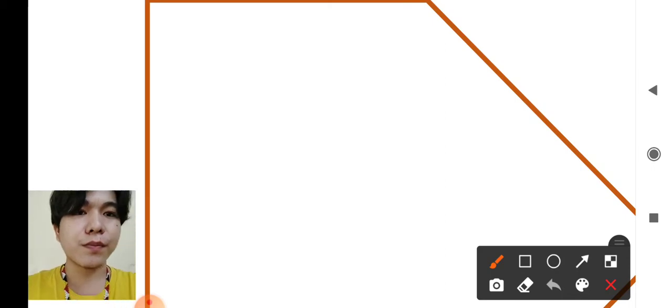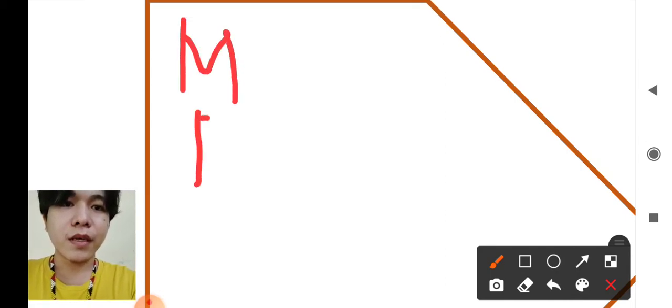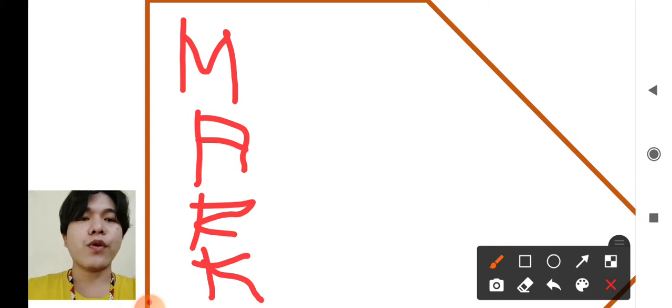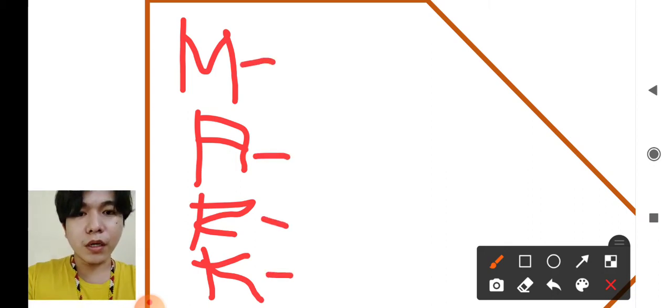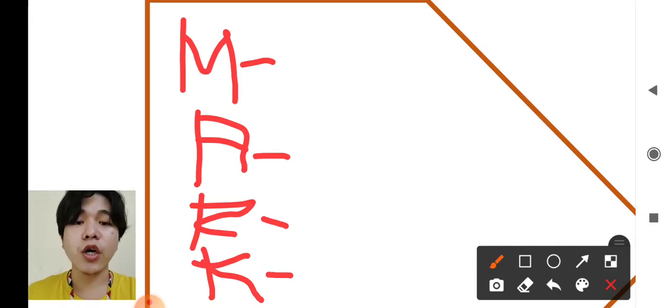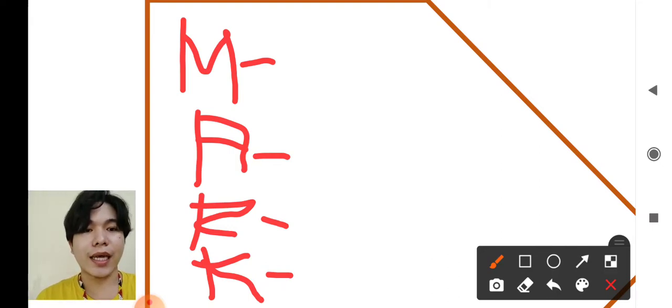Let me write it to you. M A R K. So, of course you need to put sentences with your name which comprises the class rules or even the routine inside your classroom.